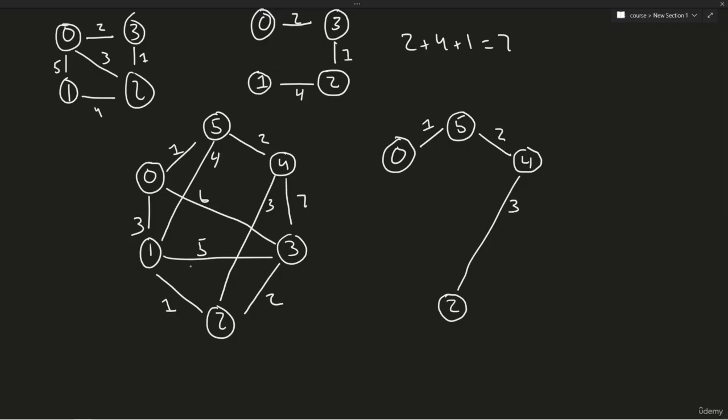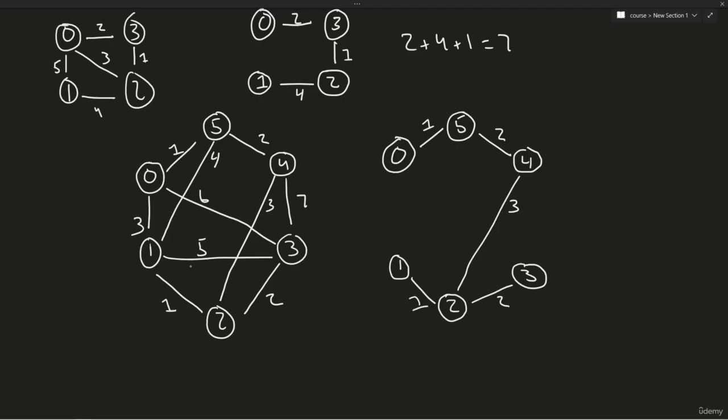From 2 we can go to 1, or we can go to 3. So we will go to 1, and from 2 we can also go to 3 where we have a weight of 2.